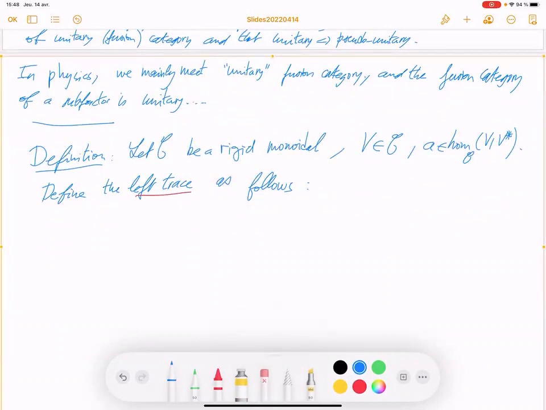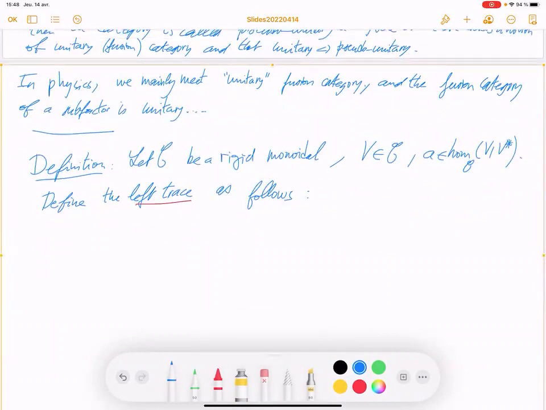So the left trace of this morphism, trace left, will be an element of End of the unit object in C. So this will be a morphism between 1 and 1. And we know that in some good cases this reduces to a scalar, but in general it's not a scalar. So this will be from 1 to 1.